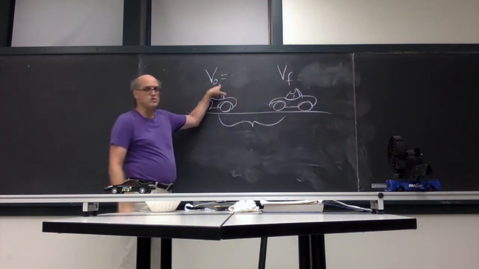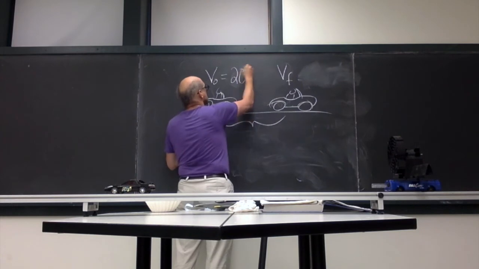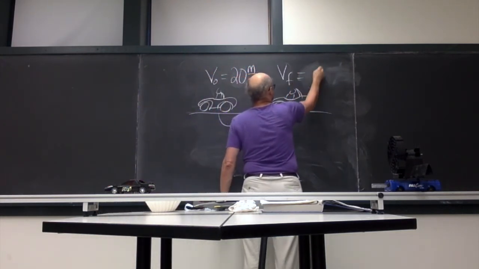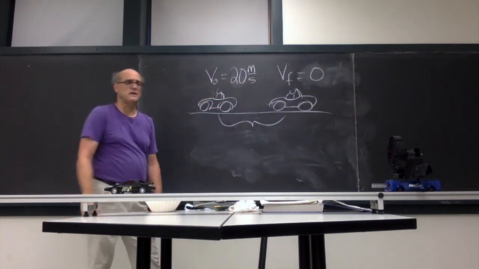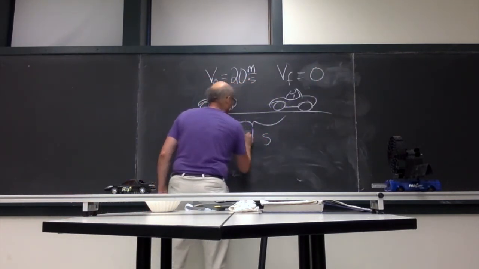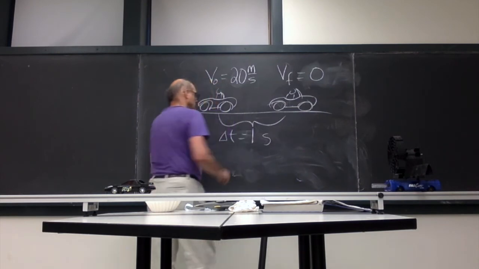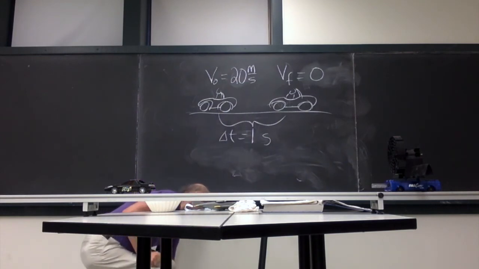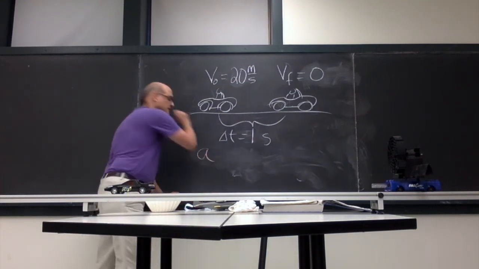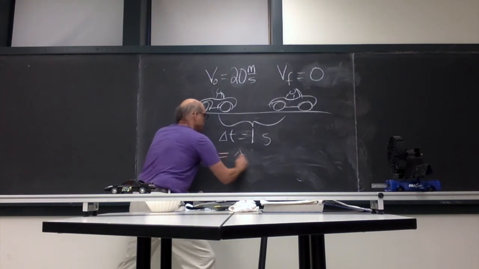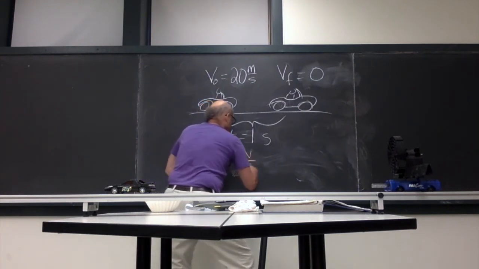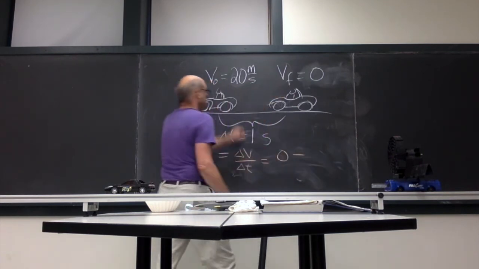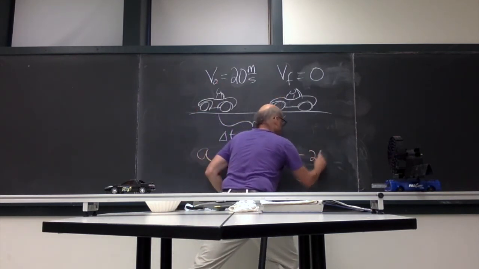So here we have an original speed of 20 meters per second and a final speed of 0 meters per second. And this occurs in a 1 second time interval. So the acceleration A is equal to delta V over delta T. Now the final speed is 0, and the original speed is 20 meters per second.